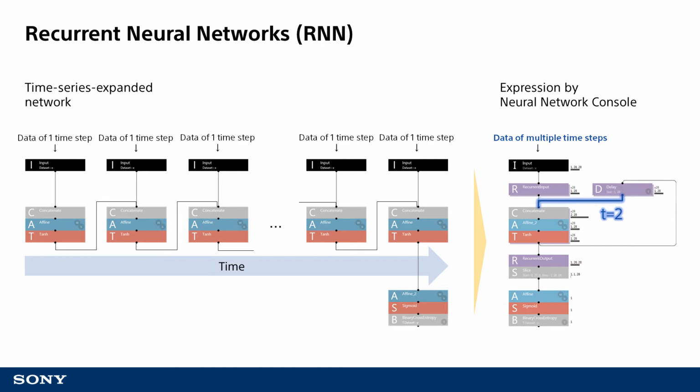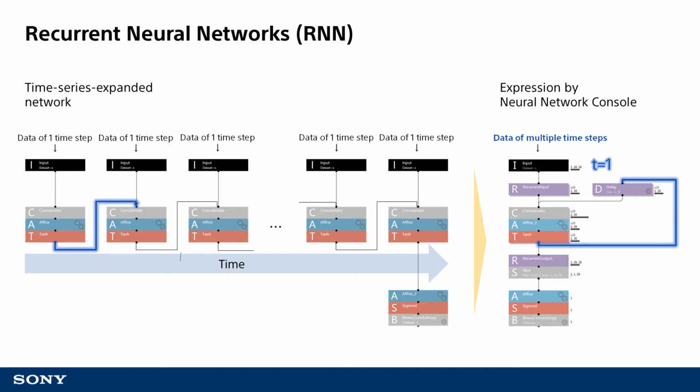More concretely, the first time step data is extracted from the multiple time step data input from recurrent input, and in this case, the concatenate, affine, and tanh processes are performed. The data processed by tanh will be carried over to the next time step through delay.